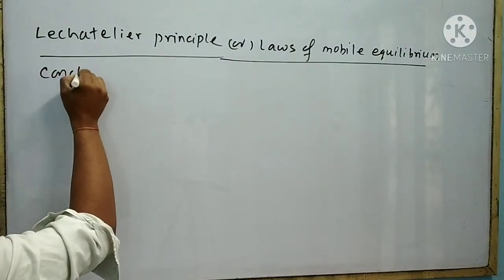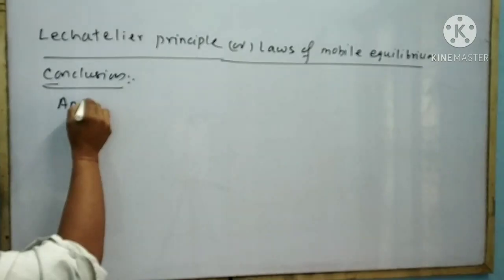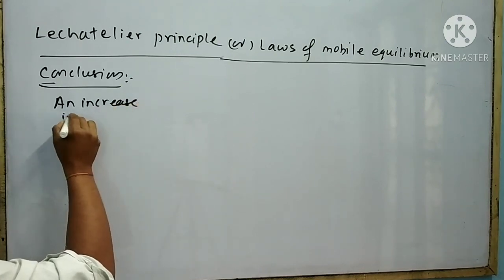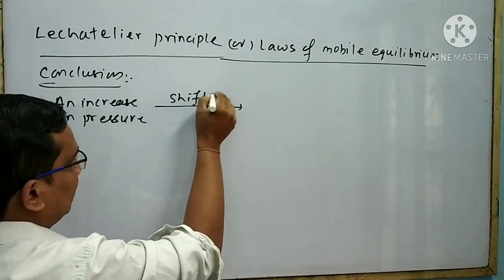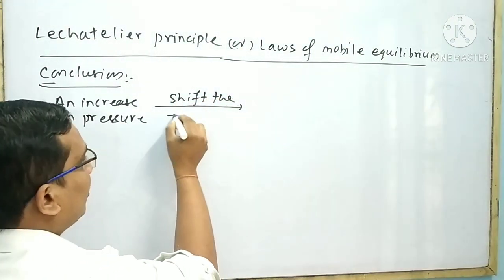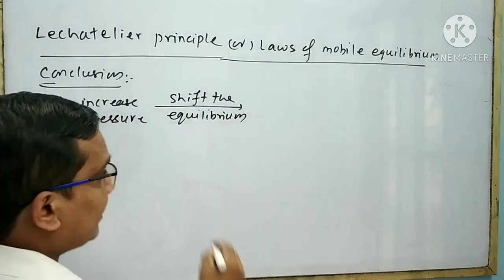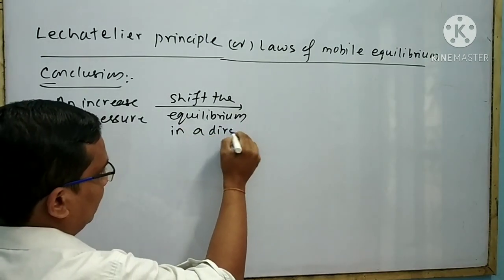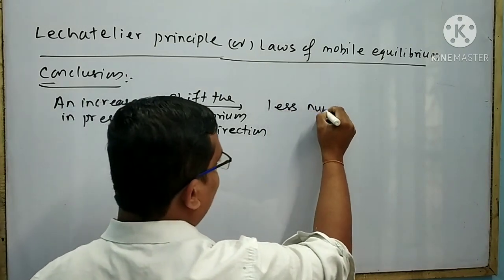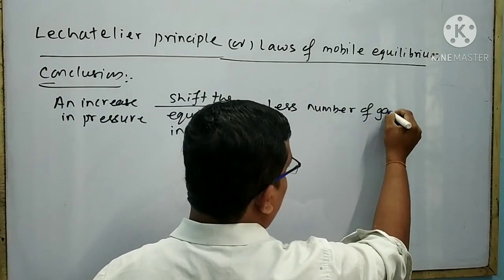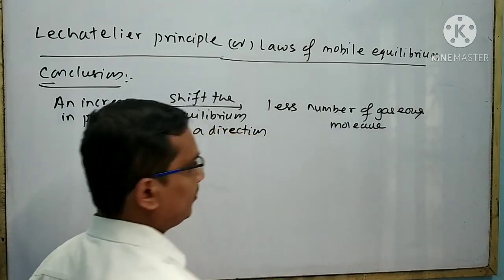Finally, we conclude that an increase in pressure shifts the equilibrium in a direction in which less number of gaseous molecules are present.